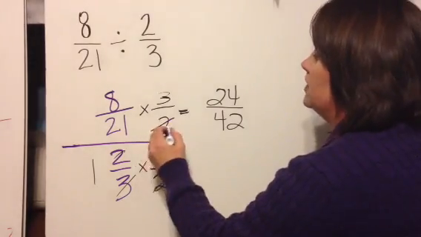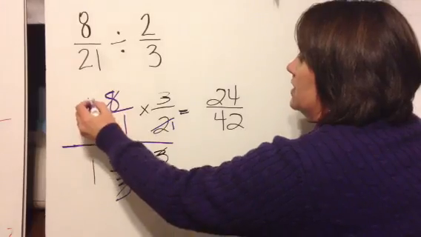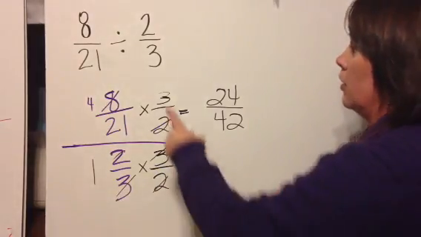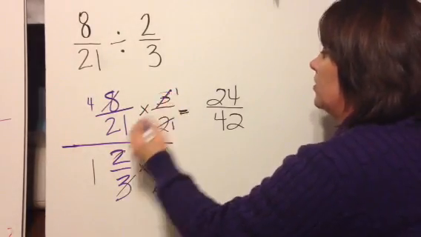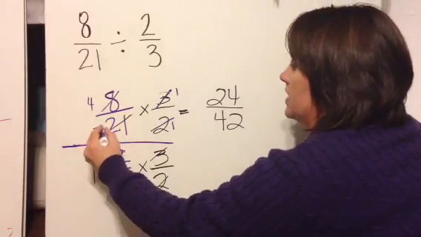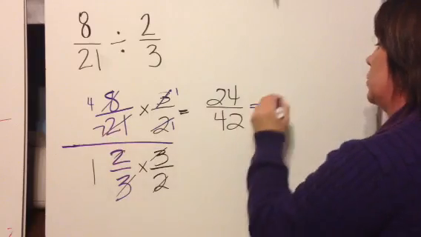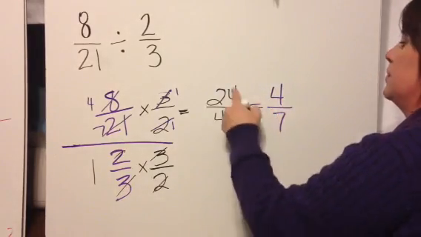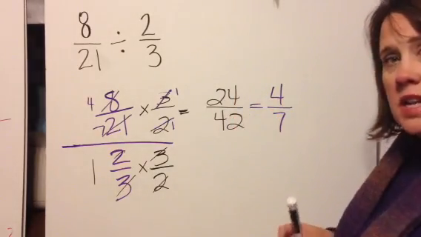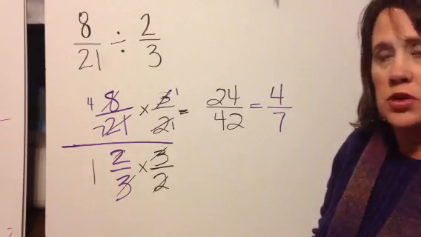I know that 2 goes into 2 once, 2 goes into 8 4 times, 3 goes into 3 once, and 3 goes into 21 7 times. 4 times 1 is 4, 7 times 1 is 7. And if I were to simplify this by dividing by 6, I would also have gotten 4/7.